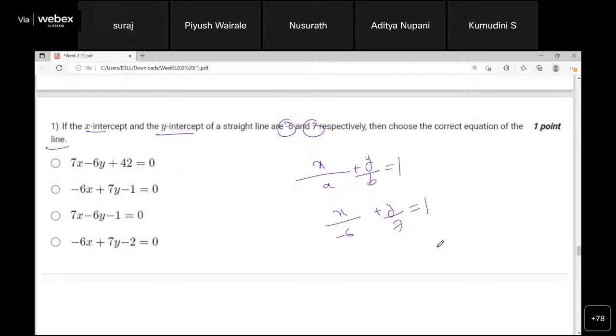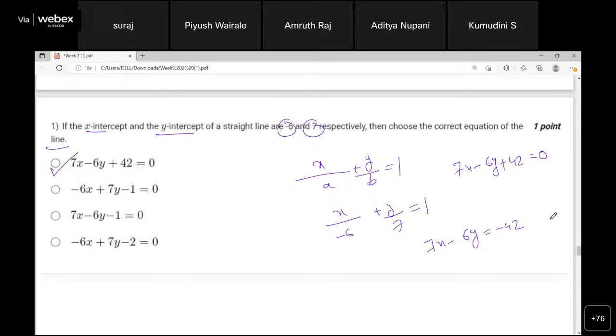Now just cross multiply: 7x minus 6y equals minus 42. Just simplify it: 7x minus 6y plus 42 equals 0. So the first option is the correct one.